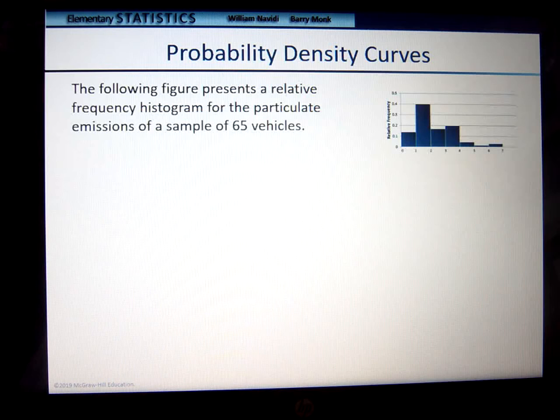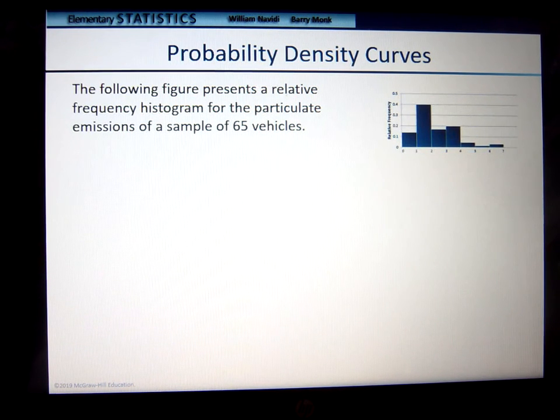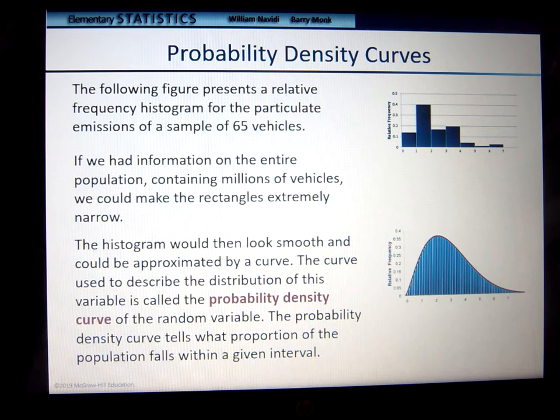First, the following figure presents a relative frequency histogram for the particulate emissions of a sample of 65 vehicles. If we have information on the entire population containing millions of vehicles, we could make the rectangles extremely narrow.